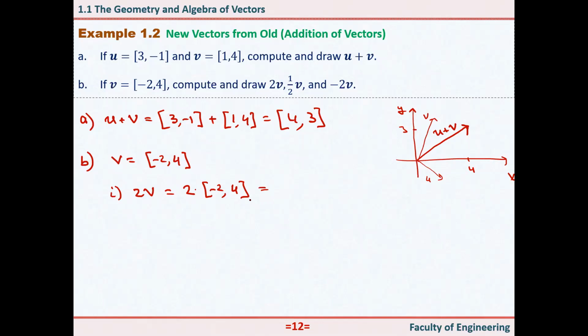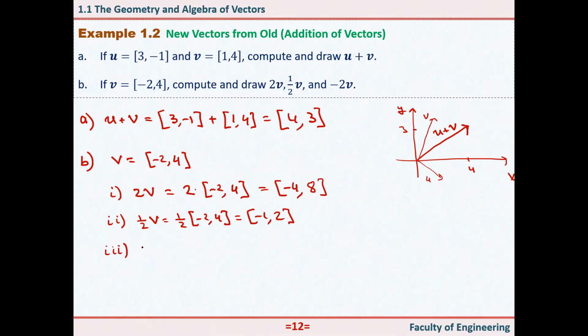Multiplying a vector by a constant means it's just either extending or shrinking. That is, multiply each component by this. It's like scaling a vector. 2 times -2 is -4. 2 times 4 is 8. And the second one, 1 over 2 v. Here we have one half of (-2, 4), which is equal to (-1, 2).